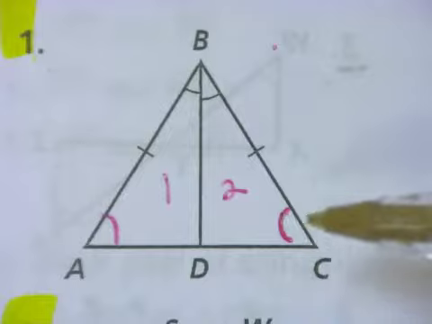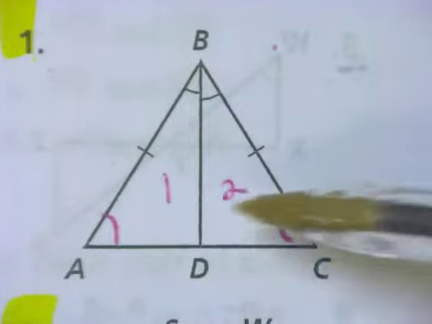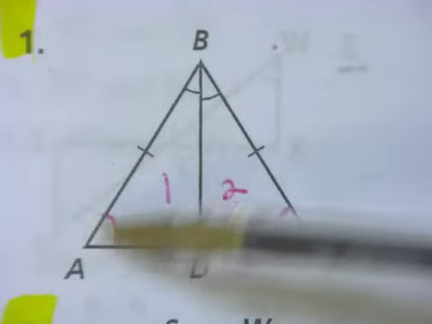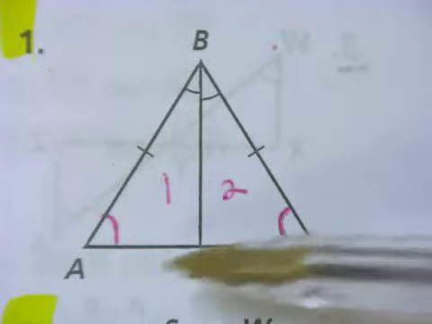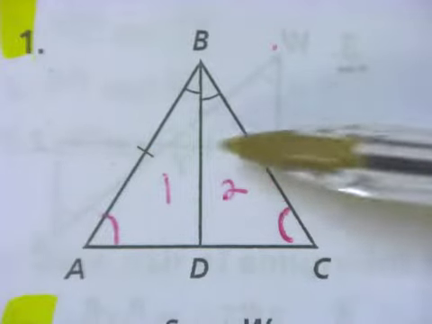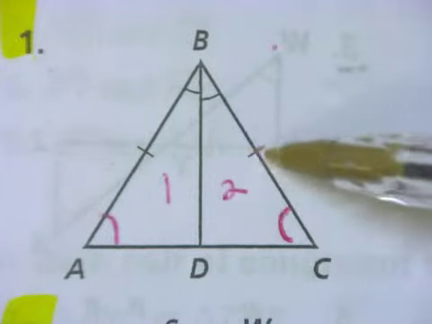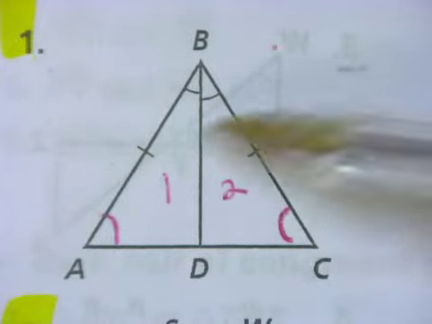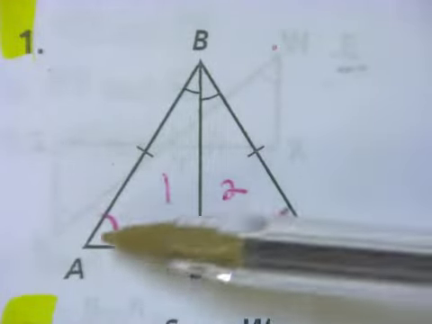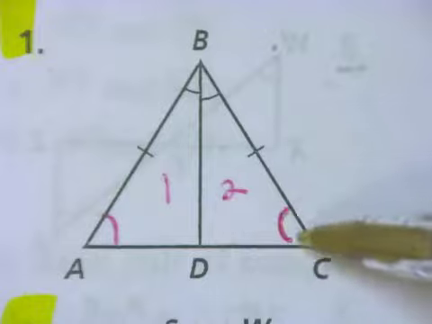Now, I've gone ahead and I've marked these two base angles as congruent. The reason I've done that is because triangle ABC, the big triangle, is an isosceles triangle, shown here by these two congruency dashes. And I know that in an isosceles triangle, the two base angles are congruent.